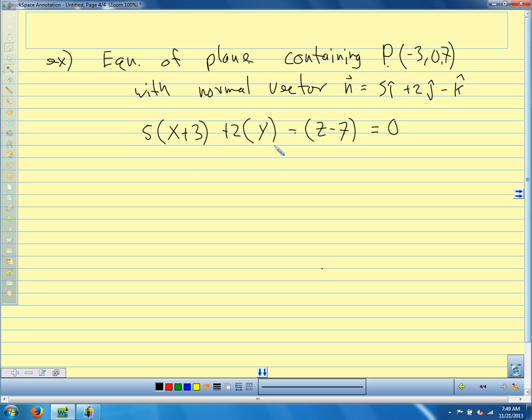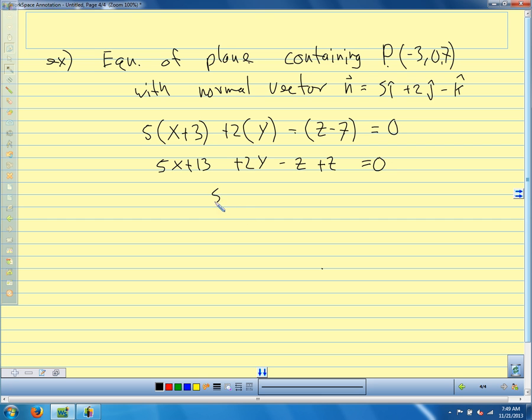If I distribute, I can write 5x plus 15, plus 2y minus z plus 7 equals 0.